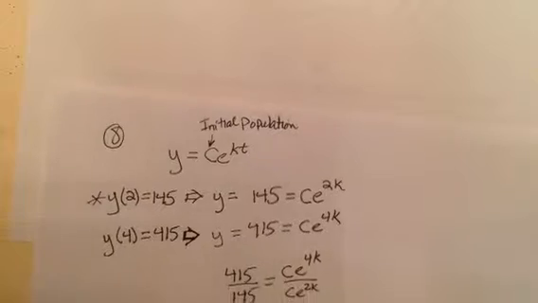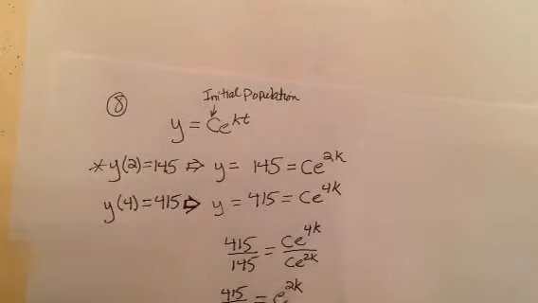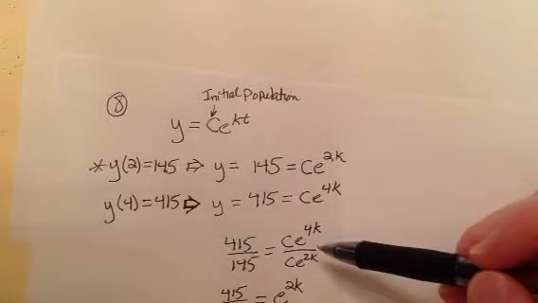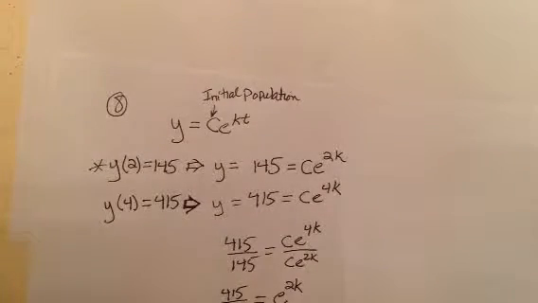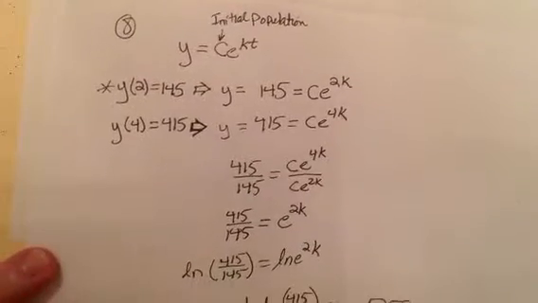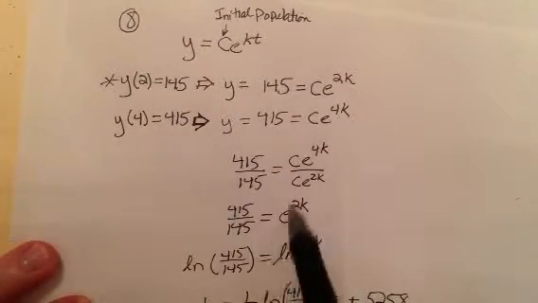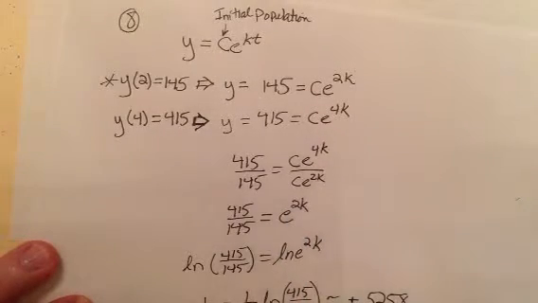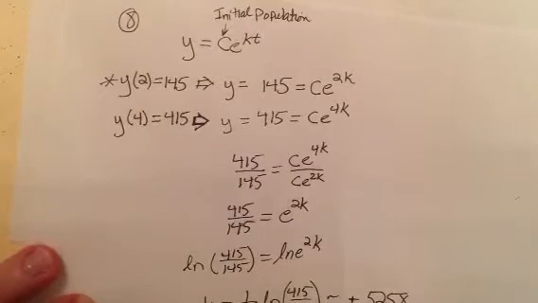But if we go ahead and set up our ratio between the 4-hour and the 2-hour growth, we can utilize 415 over 145 is equal to c e to the 4k over c e to the 2k. Using our proportions, for the value of k, we have 415 over 145 is equal to e to the 2k upon simplification.